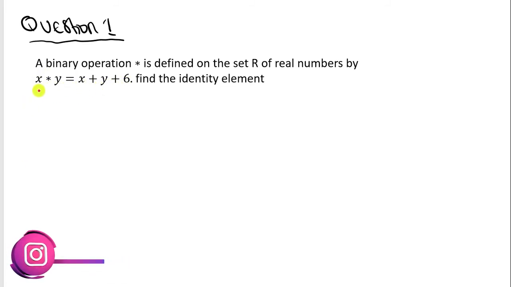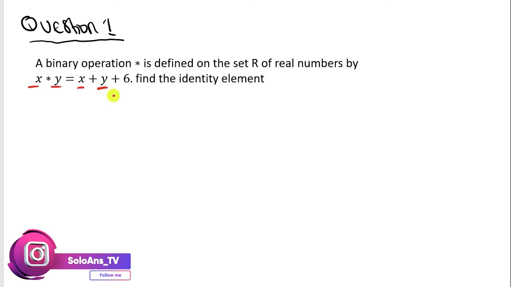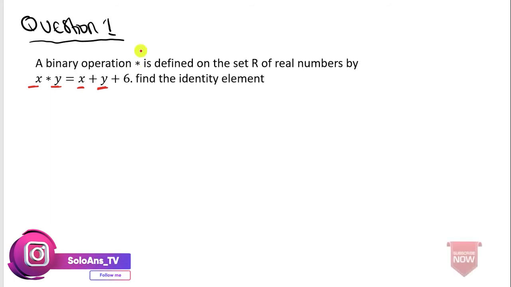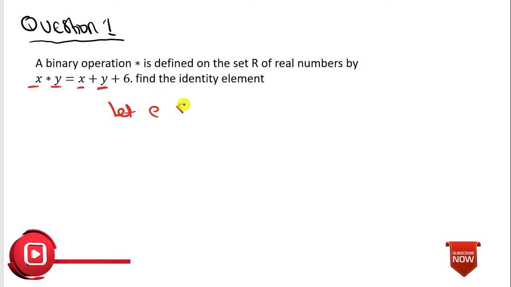That is, the first variable operating on the second variable is equal to the first variable plus the second variable plus 6. Now, in this question, what we are going to do first is let a variable of your choice denote the identity element. So let's say E represents the identity element.